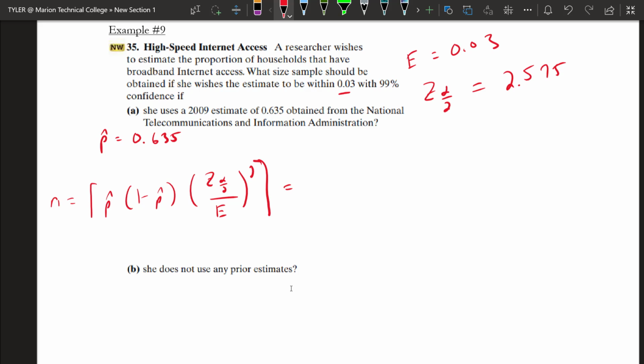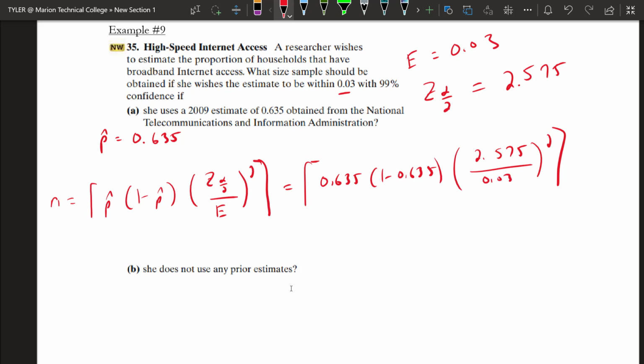Plugging my values in: 0.635 times 1 minus 0.635 times 2.575 divided by 0.03, quantity squared. If we simplify that, we end up taking the ceiling of 1,707.57, so we round up, and that would be 1,708, my n value that I need.